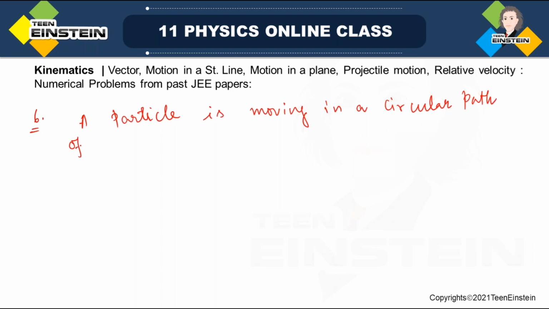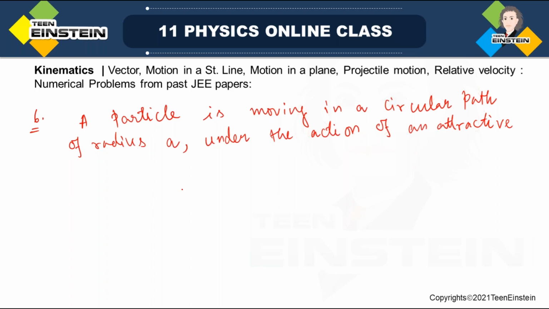of radius A under the action of an attractive potential energy given as U is equal to minus K by 2R square.